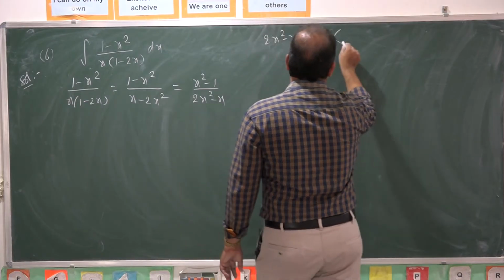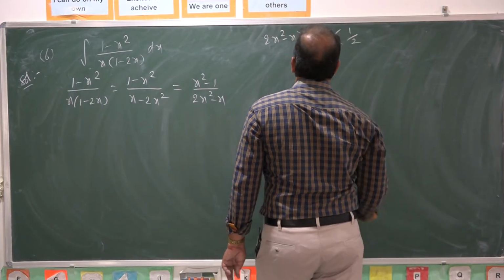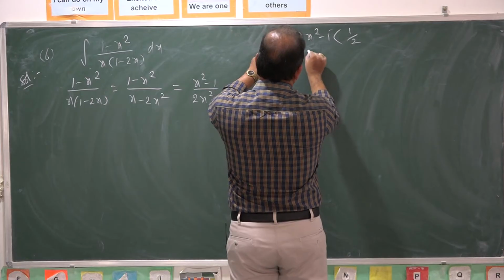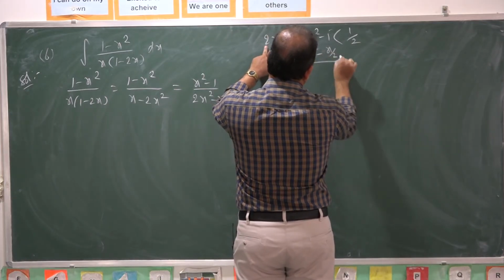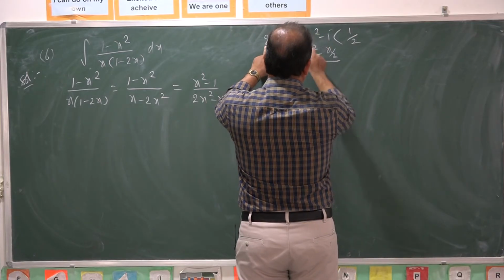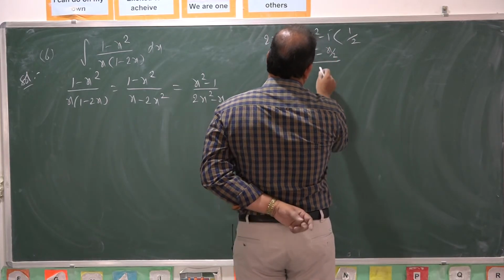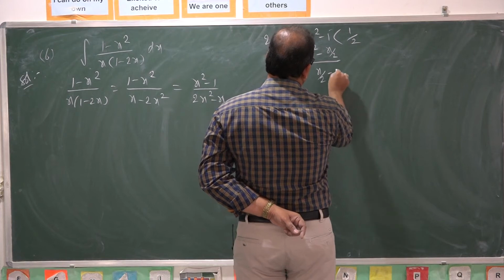How many times it cancels? 1 by 2. 1 by 2 into 2x square minus x by 2. On subtracting, x square cancels, we get x by 2 minus 1.